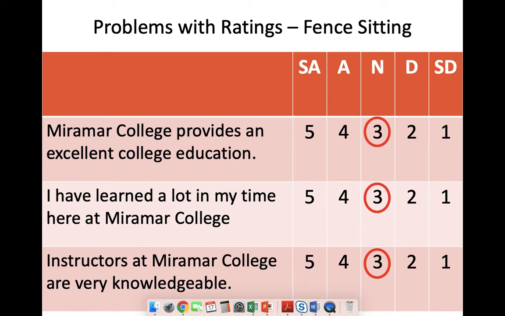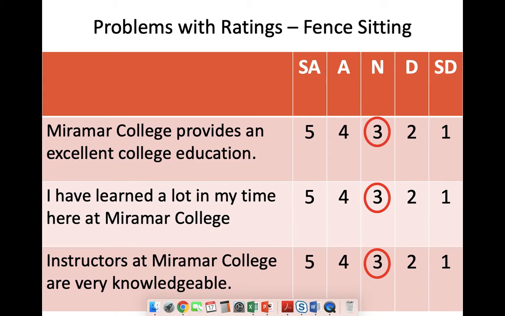So rather than having a 5-point scale with a neutral point, you could just have a 4-point scale, an even number of items, and only have strongly agree, agree, disagree, or strongly disagree. Some people do that in order to get rid of fence sitting, but the controversy is that some people might actually have a neutral attitude where they neither agree nor disagree because they're kind of in between.